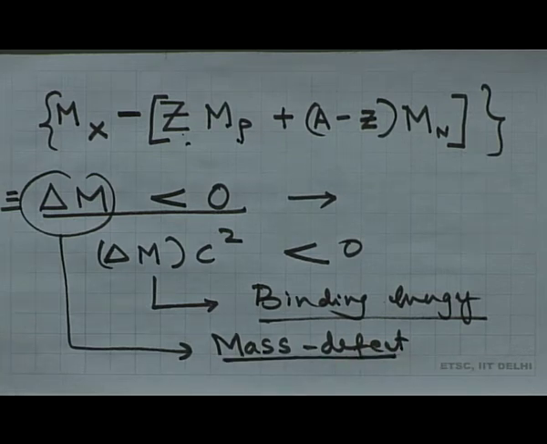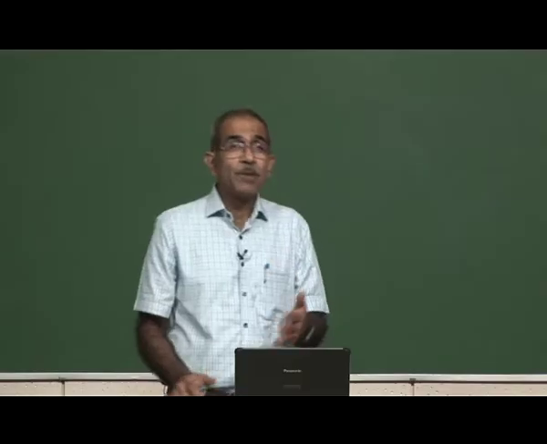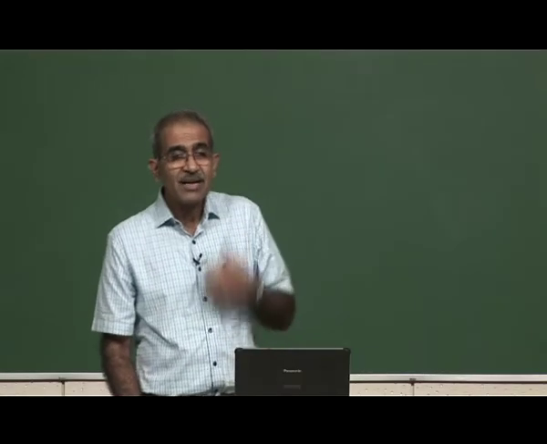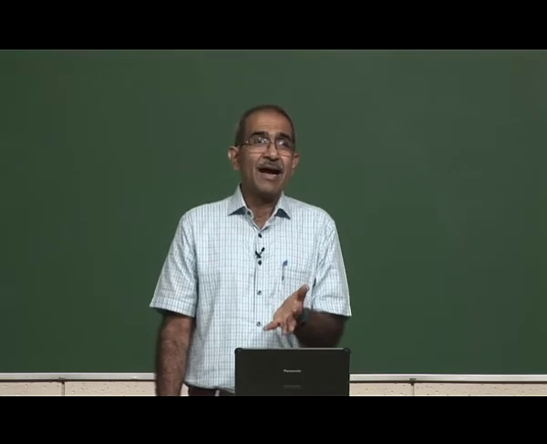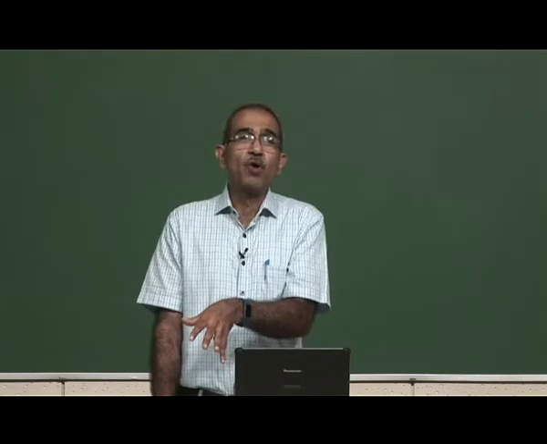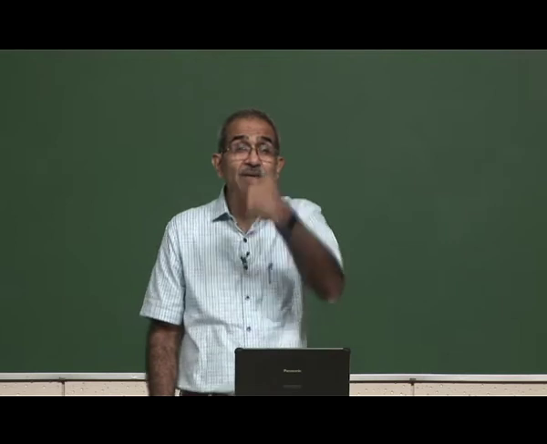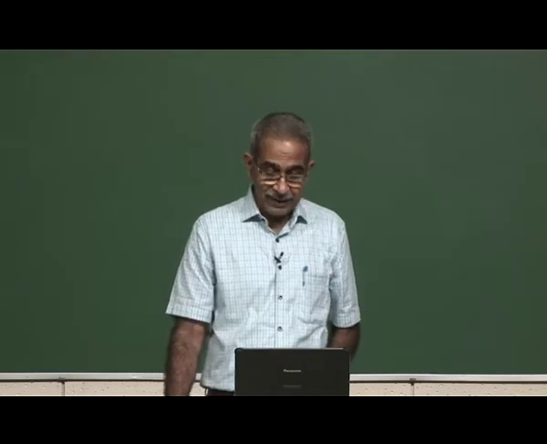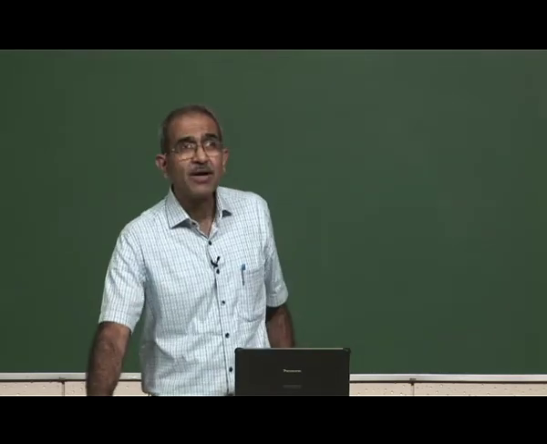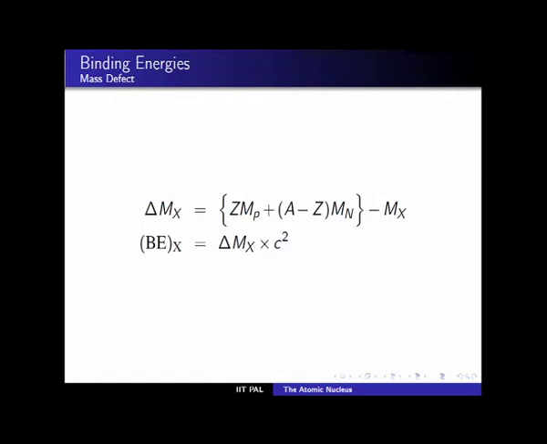Because of the force of attraction, my incoming protons and neutrons shed some of their energy and sat in this bound state, and if they want to recover their free state, we have to supply that energy. That is what I have summarized in these two equations. So I write my delta mx to be Zmp plus A minus Zmn minus mx.